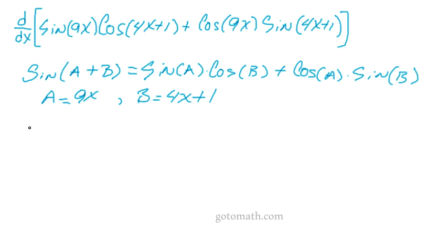But we can consolidate all of this into, guess what? Sine, if a is 9x and b is 4x plus 1, look what this all condenses down to.